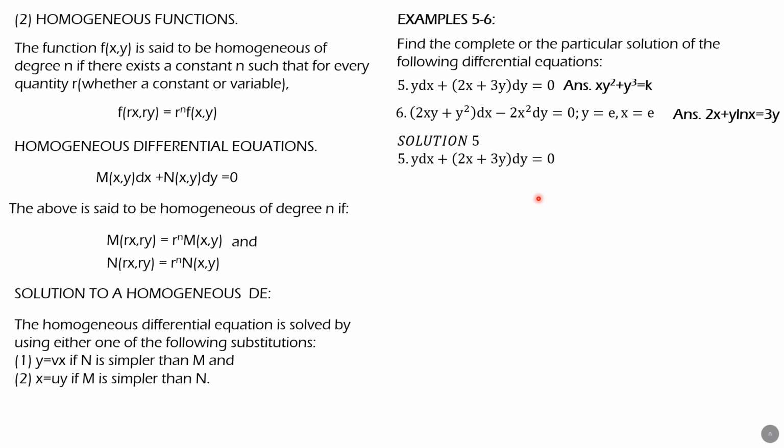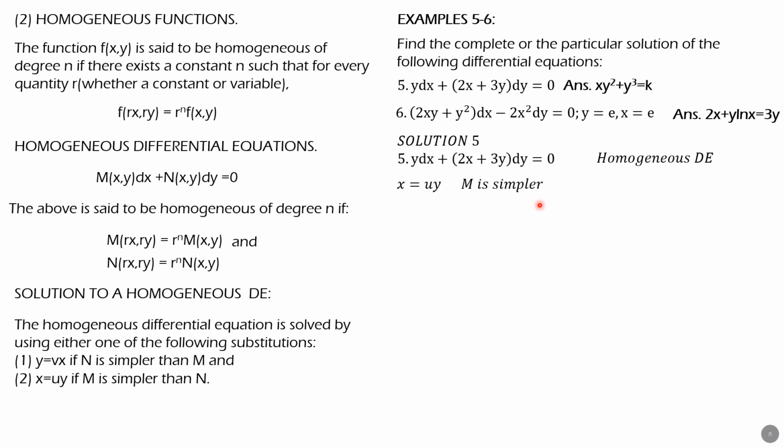It is a homogeneous function because this is first degree, y to the 1, and this is also first degree, although we have binomials here. Because M is simpler, it is simply y dx, so we put the substitution x equals uy. So that's a homogeneous differential equation.